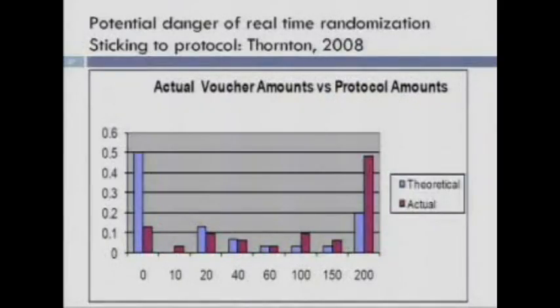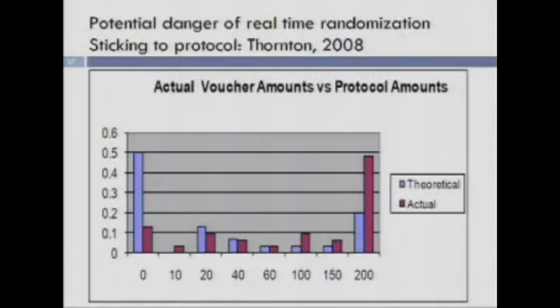Okay. There's evidence to think that if you're doing this real time, you may have real problems of people sticking to the protocol. This is work that Rebecca Thornton was involved in. In the early stages of her work, nurses had to hand out vouchers to people, and the vouchers could be for different amounts, from 0 up to 200. If you look at the blue, that's what should have been the distribution of voucher amounts.